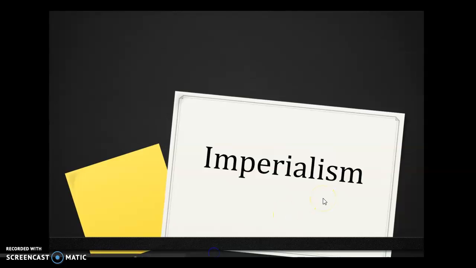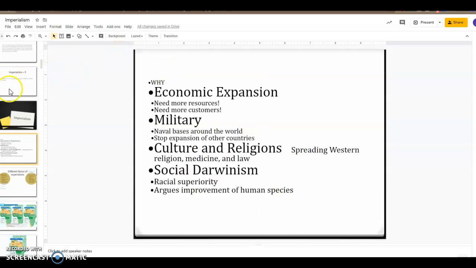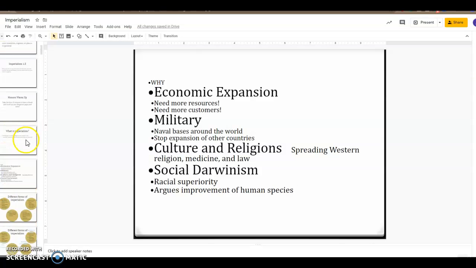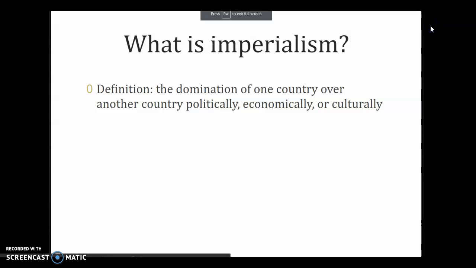So imperialism is essentially when one country takes over another country in order to create an empire. And I want to make sure that I get the definition up here for you. It's when the domination of one country over another country politically, economically, or socially.